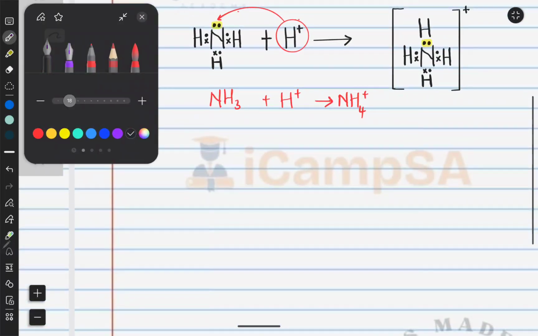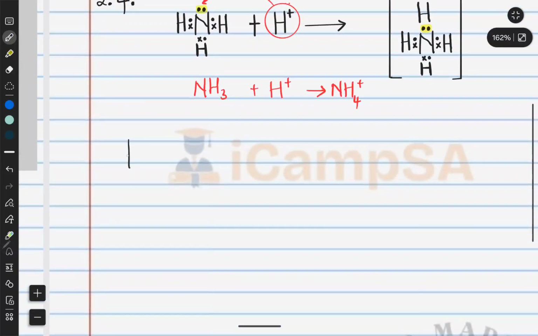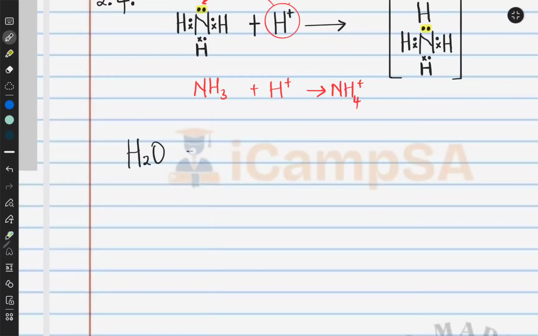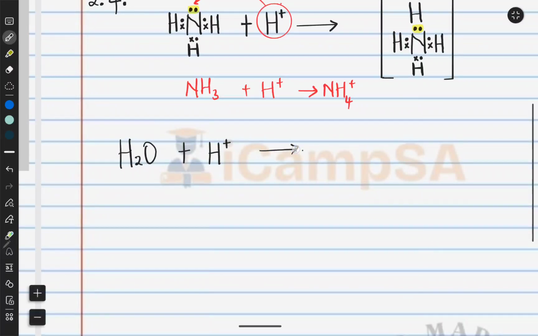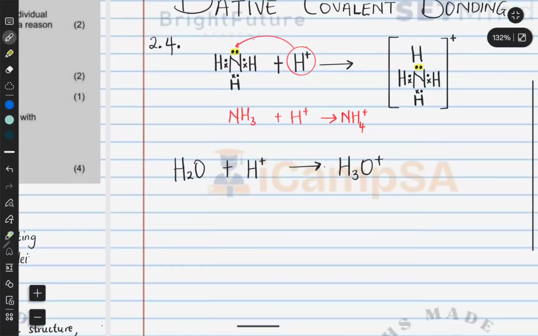Water is also another example. If you have water, and then you add a hydrogen ion, not just hydrogen, a hydrogen ion, what you tend to get is hydronium ion, which is H3O plus. It's an example of a dative covalent bond as well.